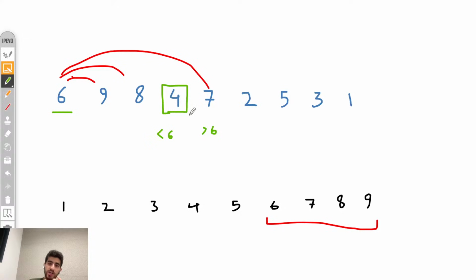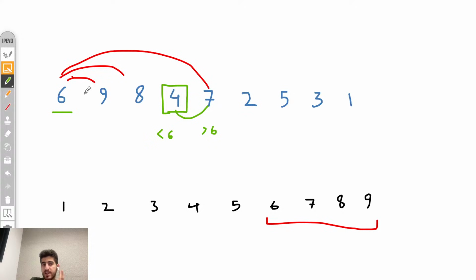In this case, I say that 4 is in the same connected component, because 4 is less than 6, and there is some number left that is greater than 6, so it will have an edge to that. And not only 4, but also everything greater than 4 has that situation as well.